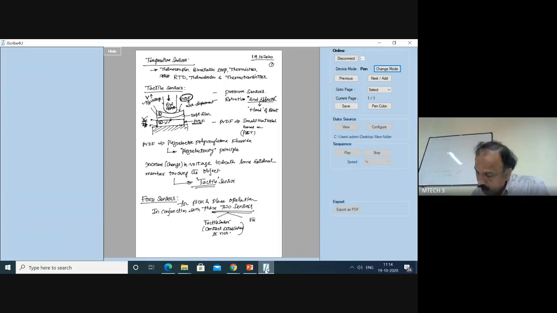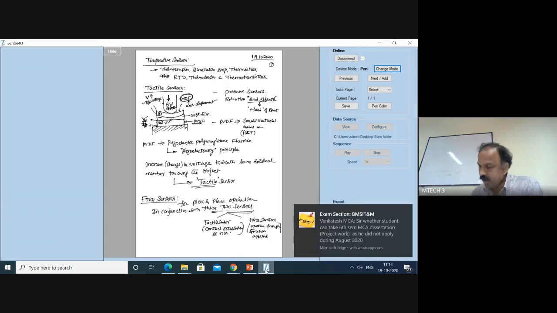Then you use one more, called the force sensor. This is used to measure whether enough force has been applied. Okay, right, so this is the meaning.